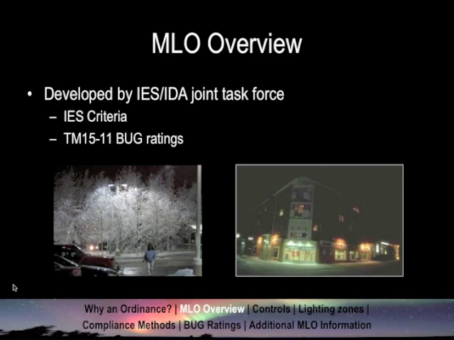So it's built on the IES criteria, and again, the IES is the Illuminating Engineering Society. This is a society that actually puts out recommendations for how many foot candles or how much light you need in a parking lot or on a street. But they also get into how much glare is too much that will affect visibility. The IES has what they call Technical Memorandum 15.